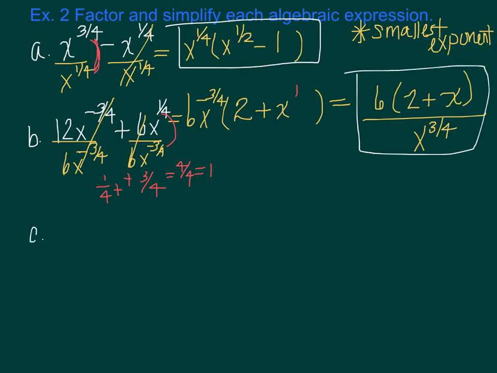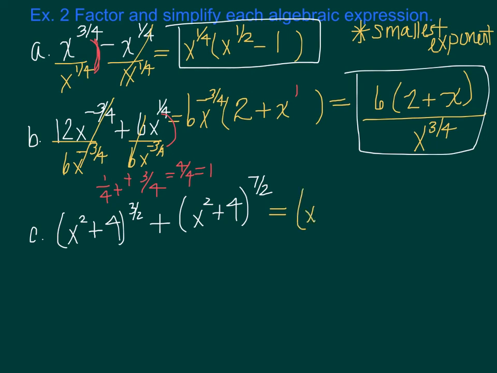And then C, x squared plus 4 to the 3/2 plus x squared plus 4 to the 7/2. Okay, so my smaller exponent is the 3/2, so that's what I'm going to factor by.